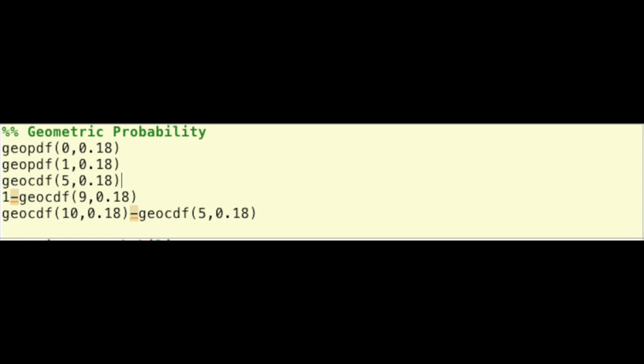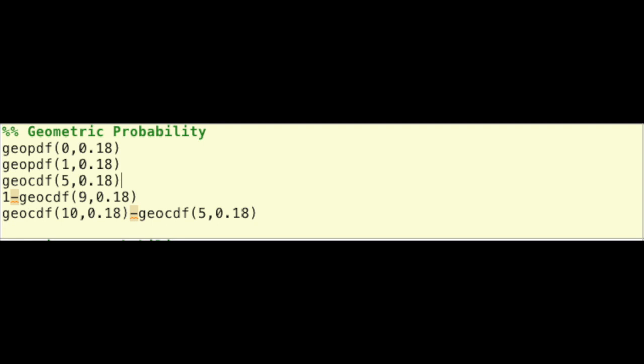Now we'll move on to some examples with the geometric distribution. The geometric distribution in Matlab deals with probabilities of repeating a sequence of independent trials indefinitely until the first preferred outcome occurs. And the random variable associated with this distribution is a count of the number of attempts required before that first preferred outcome occurs.